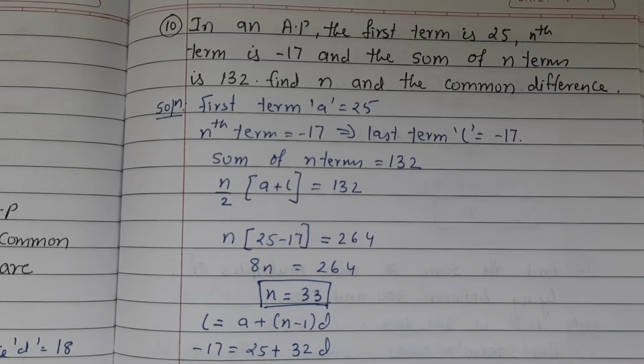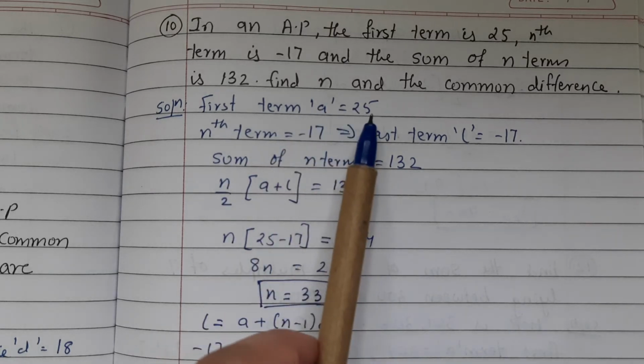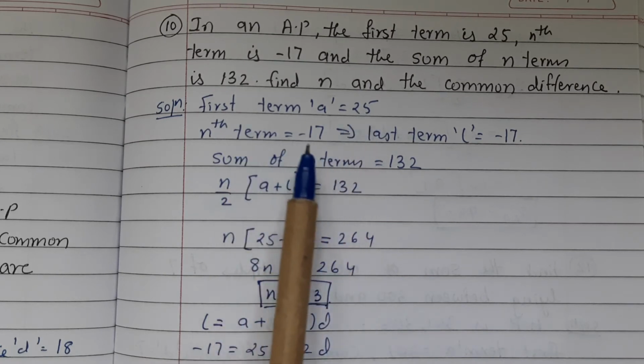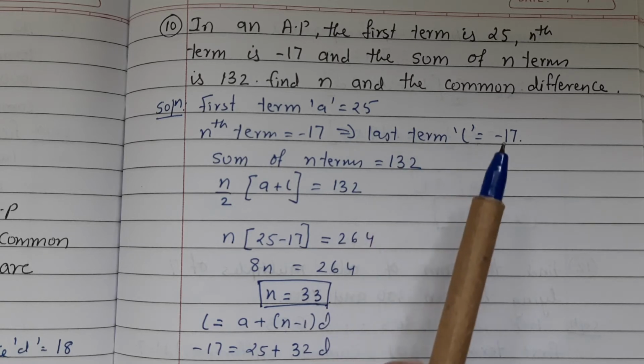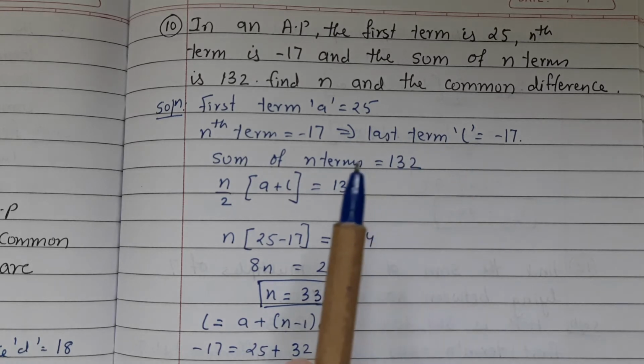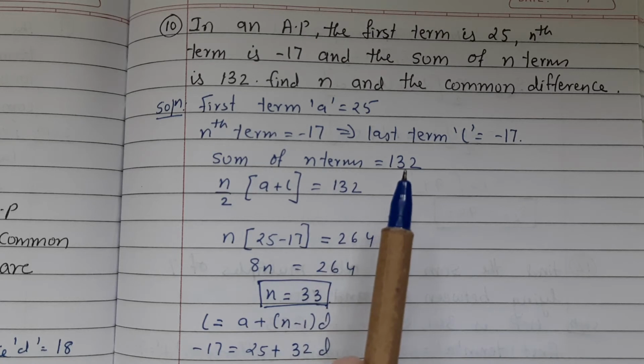Sum number 10. In an AP, first term is 25, nth term is minus 17 and the sum of n terms is 132. Find n and common difference. First term A equal to 25, nth term minus 17. It means last term L equal to minus 17. Sum of n terms equal to 132.